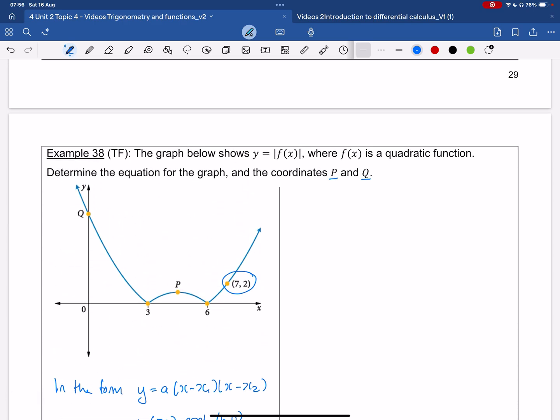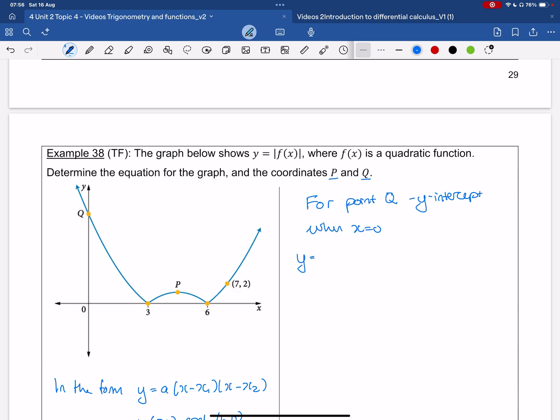Now we're going to use this absolute value function that we have developed. So let's start with Q. It's probably the easiest. Point Q is my y-intercept, and that happens when x equals 0.